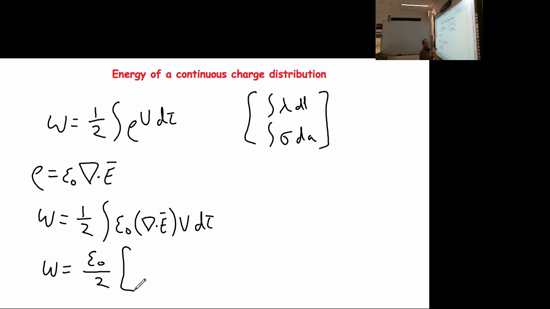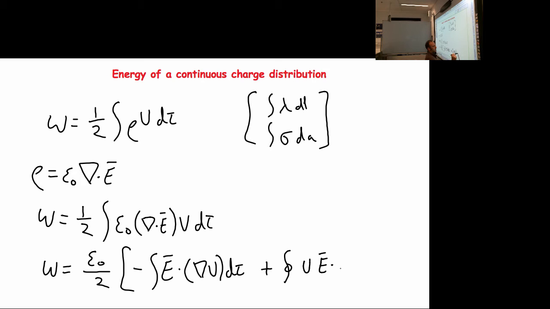So we will have minus the integral of E dot the gradient of our potential d tau, plus our surface integral of V, the potential, times E dot dA. Okay, so this is where we've used integration by parts to transfer the derivative from the electric field to the potential.